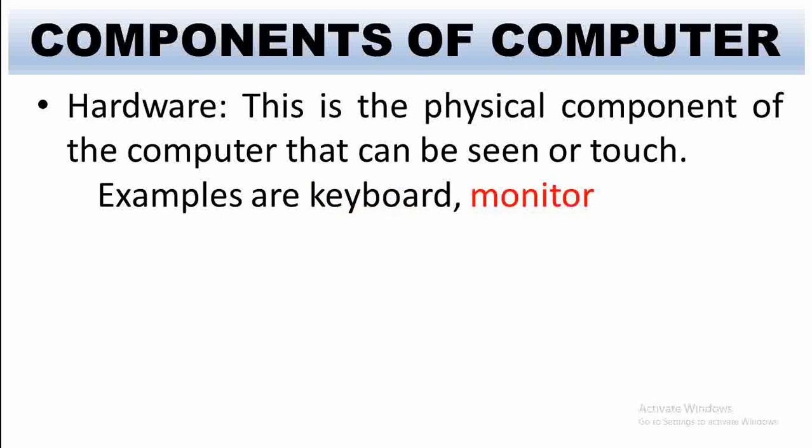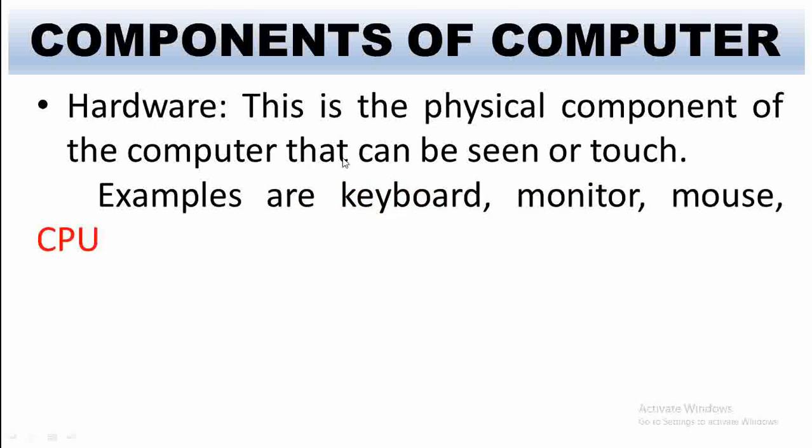We have the monitor, the screen, like a television, that we are looking at. We have the mouse that we use to control the pointer that we see dancing on the screen. And we have the CPU, that is the central processing unit. Those are the major components of a computer system.